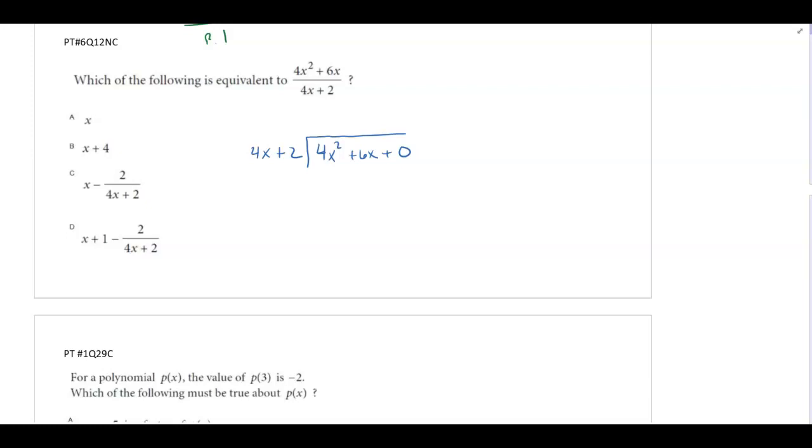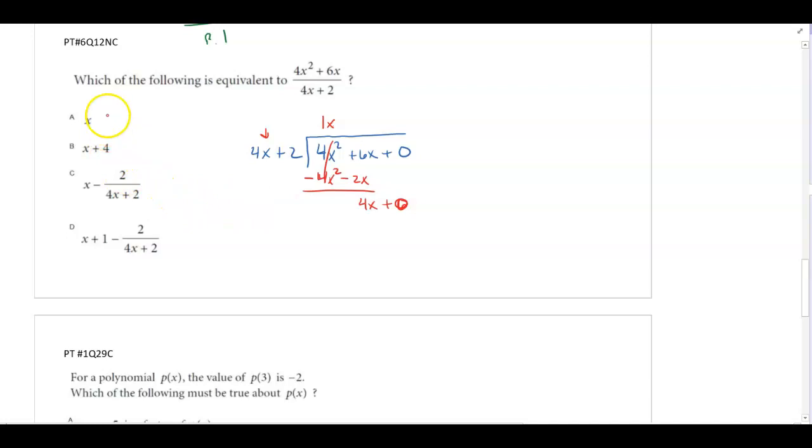Step by step: what times 4x would give me 4x squared? 1 times 4 would give me 4, and x times x would give me x squared, so it's 1x. Distribute that, and I get 4x squared, but I have to subtract it. 1x times 2 would give me 2x, and I subtract it. Those eliminate. 6x minus 2x is 4x, and then I bring down the plus 0.